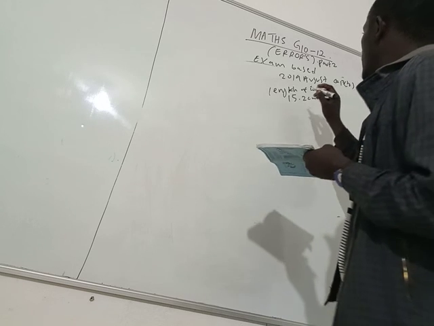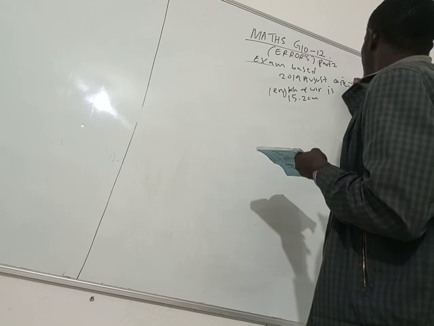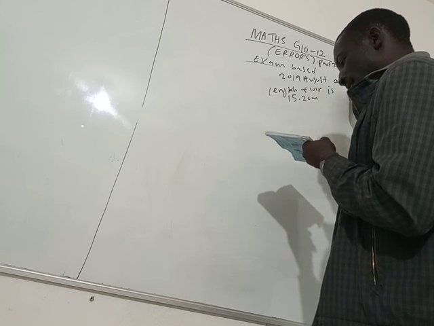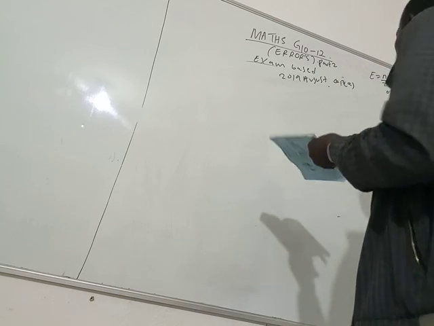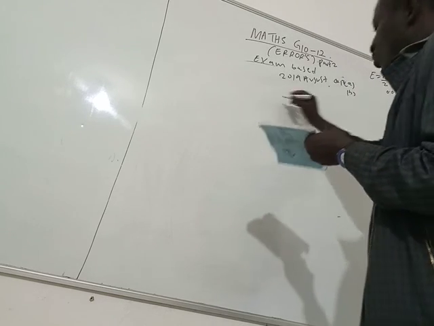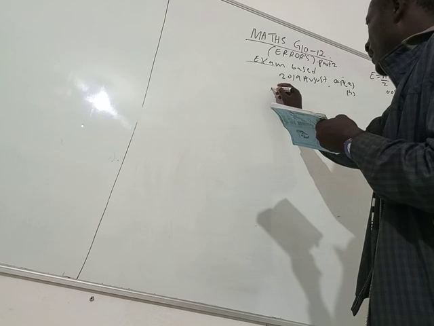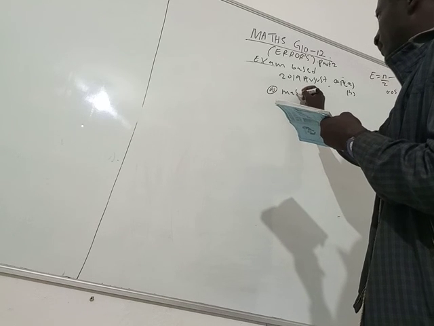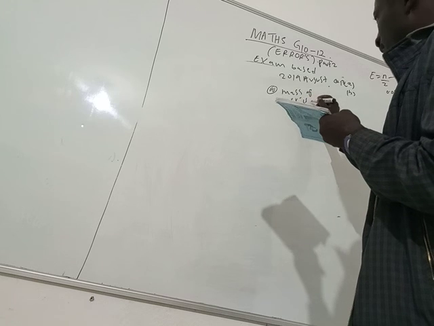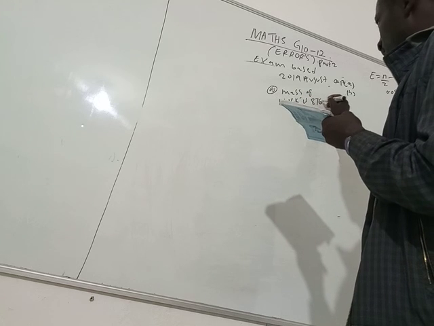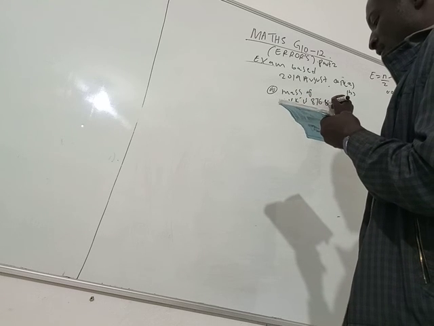Okay, let's do A first. There are two questions, there's A and B. So A is saying mass of block is 876.4 grams.